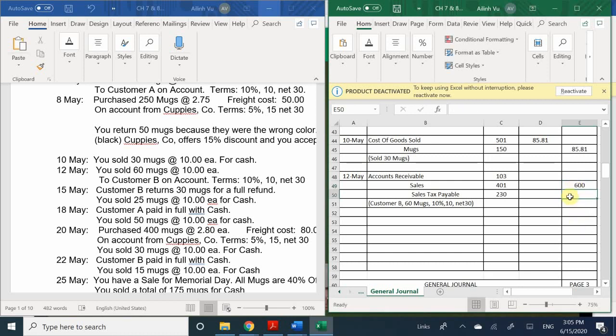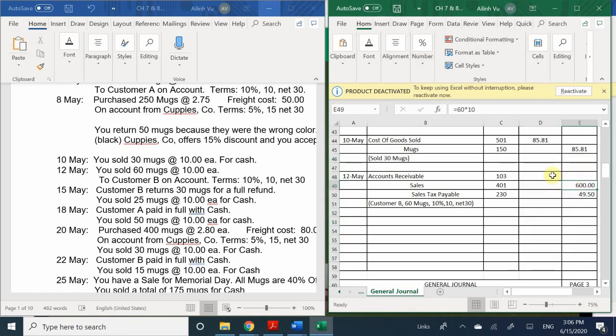Yes, I got 600. Times 8.25% taxes, $49.50. Good. So let me go ahead and highlight this because I need to change it to dollar form.